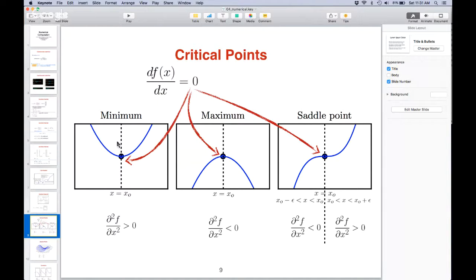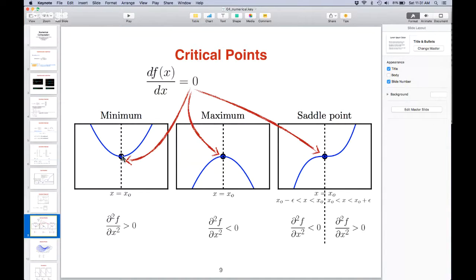In order to see if it's a minimum or a maximum, you just need to look at the second derivative, in the vicinity of your solution. If the second derivative is positive, it signals a positive curvature of the loss function.